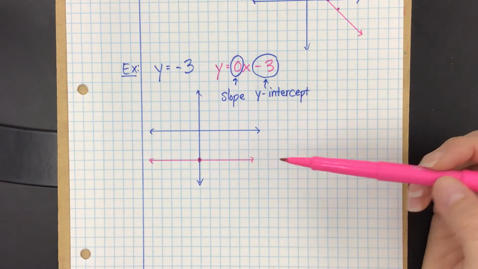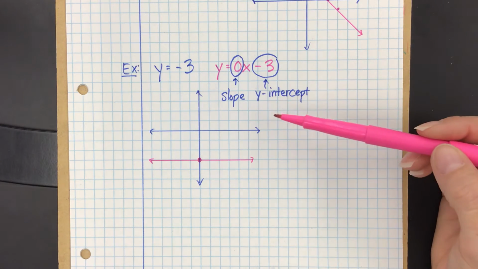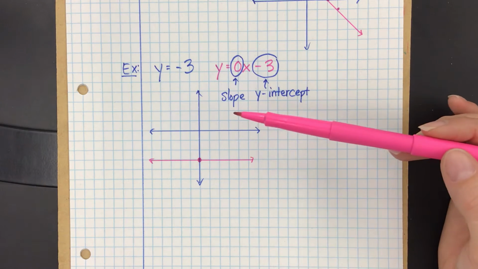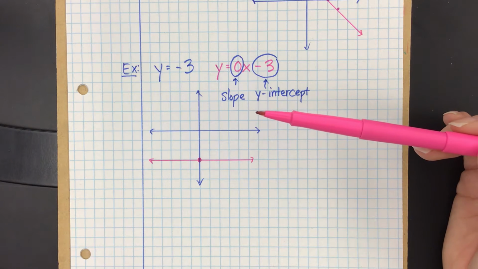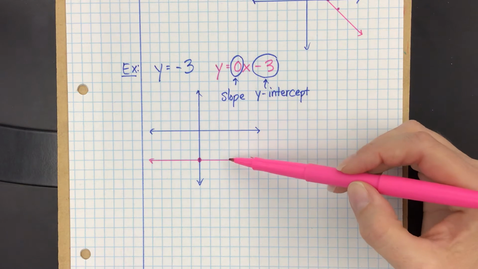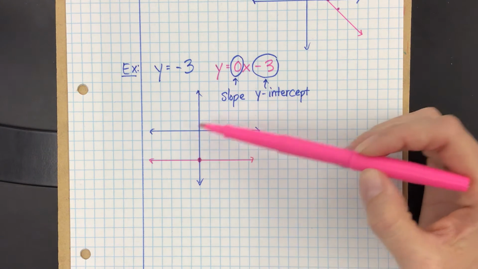Now, another way to graph this, if this kind of missed you a little bit, is y is equal to -3. Y is equal to -3 no matter what x is, because x does not matter at all in this case. So when x is 3, y will be -3. When x is -1, y will be -3.